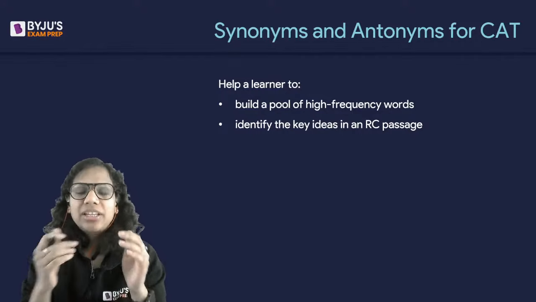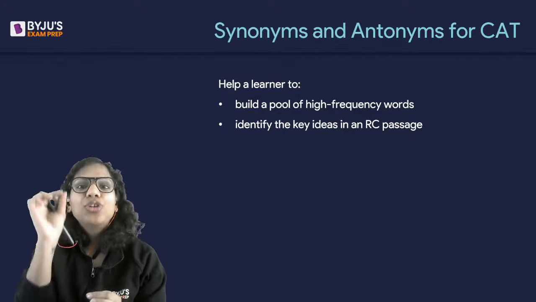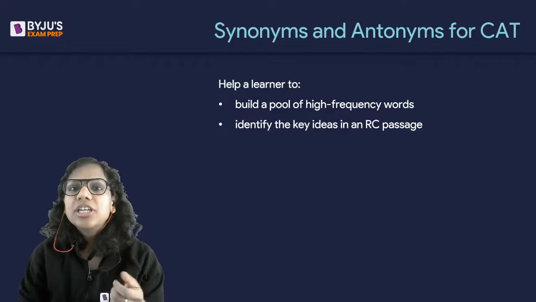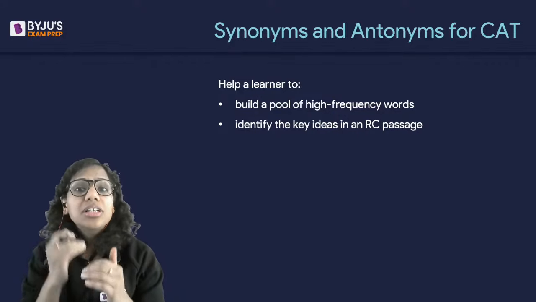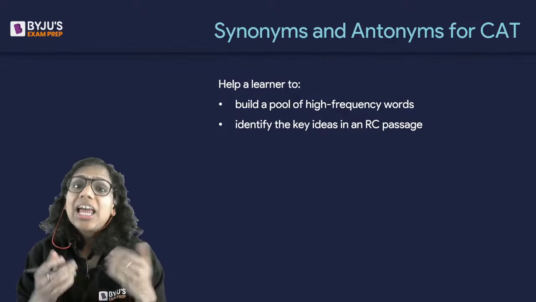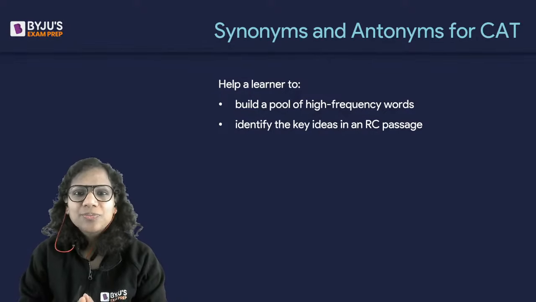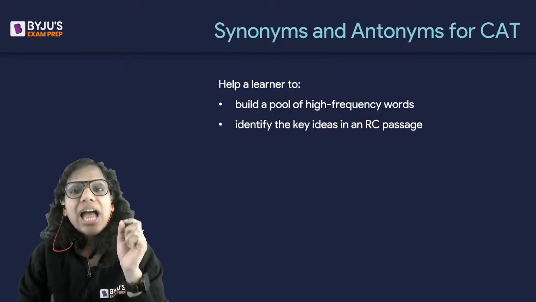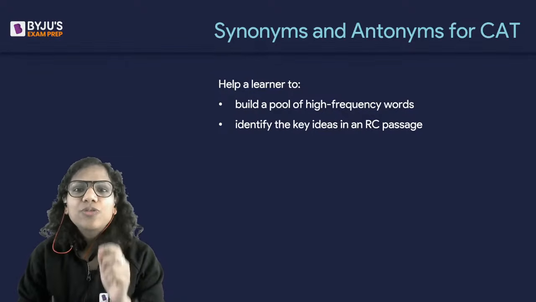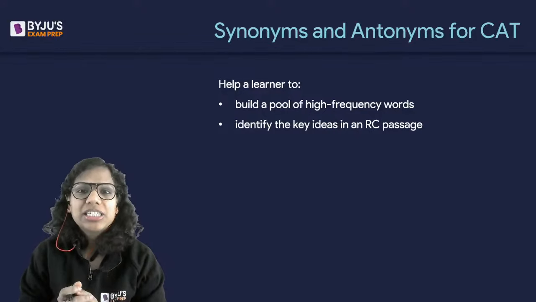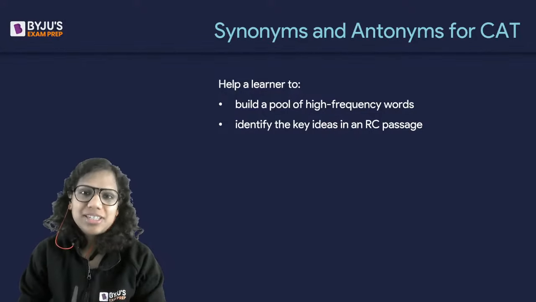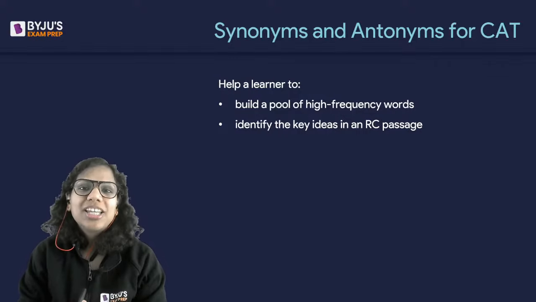If those ideas are related, if they talk about something common, they'll also make use of certain similar words. If within this I want to contrast something, then I'll have to make use of opposite words. So analyze a CAT RC passage, you will find within it the synonyms of various keywords, the antonyms of various keywords. And if you know those synonyms, antonyms better, you'll be able to attempt the RC better.